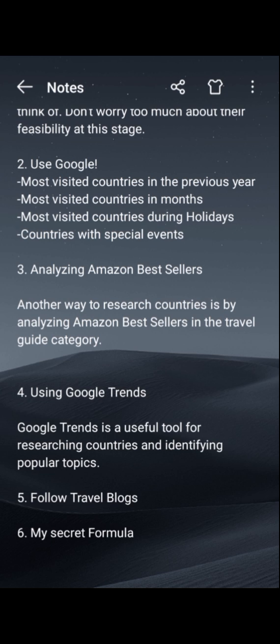I enjoyed myself, I went with my family, I went with my kids. From there you get an idea. The person might even say the weather was very nice there this period, so you get a hint that the weather there is nice this period. Automatically people are going to see that person's post, and they are going to want to visit that particular country at that moment. I hope you understand what I'm saying.